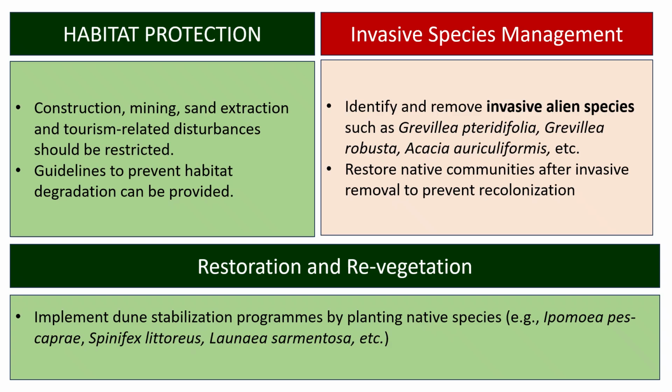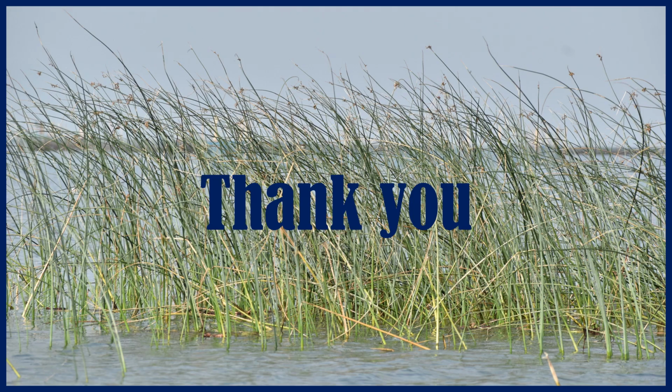Apart from that, it is also important that we should remove invasive plants, and in place of such invasive plants, we can always go for the plantation of the native plant communities of the particular habitat that we have discussed. So that's all for today. Thank you.